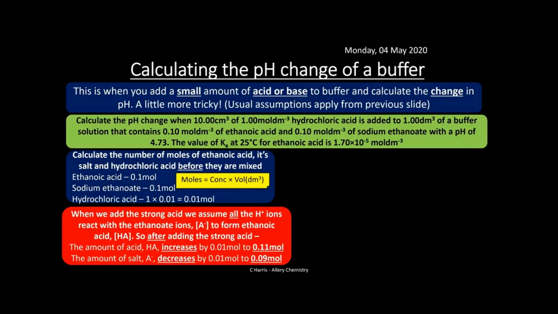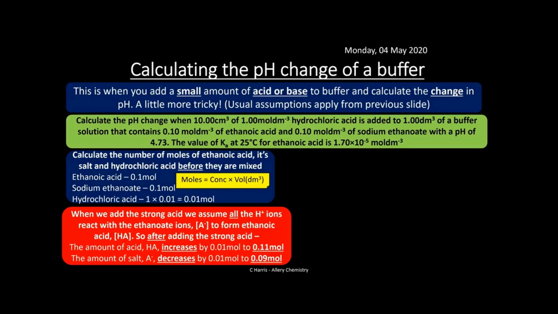And the amount of salt, which is A⁻, will decrease by the same number of moles of strong acid that you've added, because that's been used up. So when you add H⁺ to an acidic buffer, it will use up some of the salt ions, the A⁻. If 0.01 moles of strong acid goes in, it's going to use up 0.01 moles of the salt ion, so that's going to decrease. That's quite important, because that's now told us how many new moles we've got.